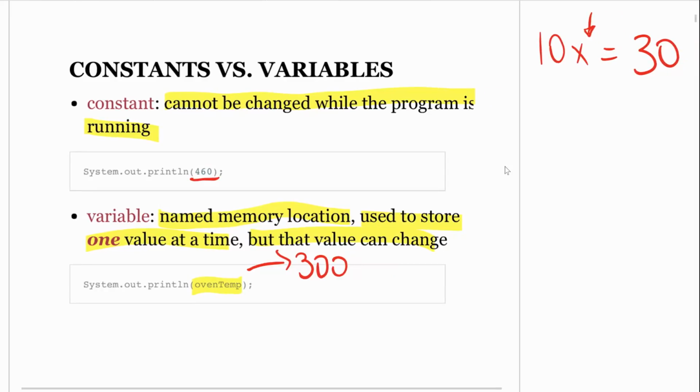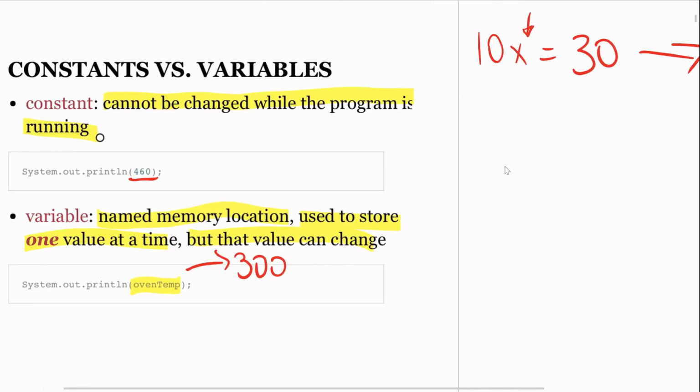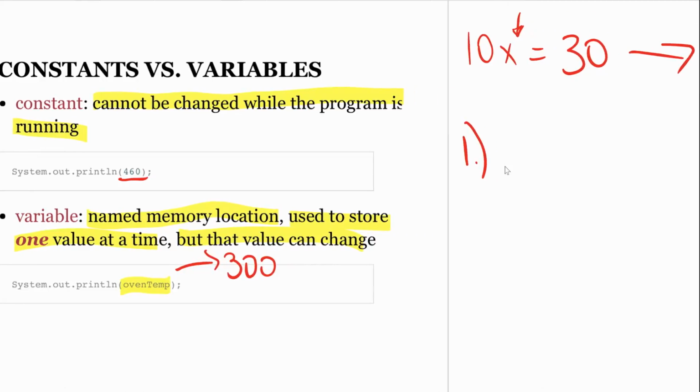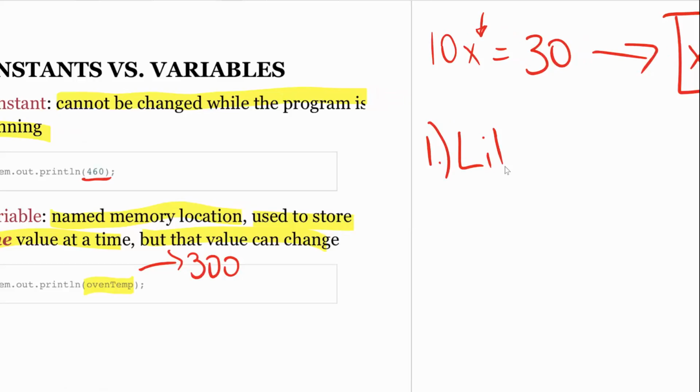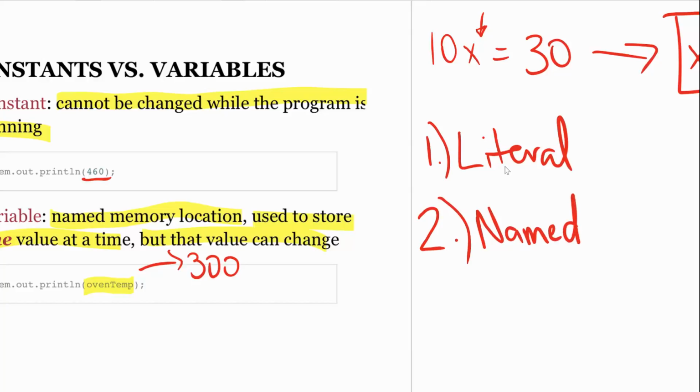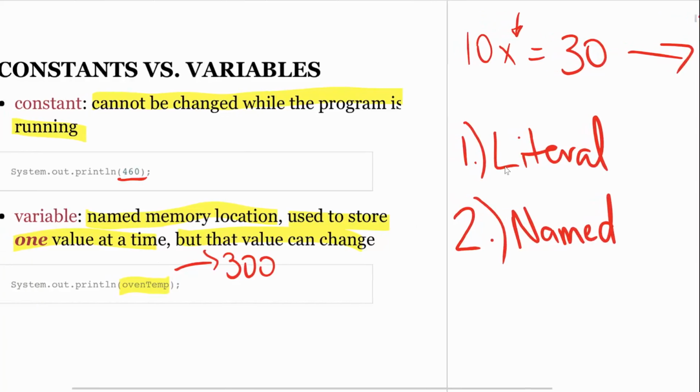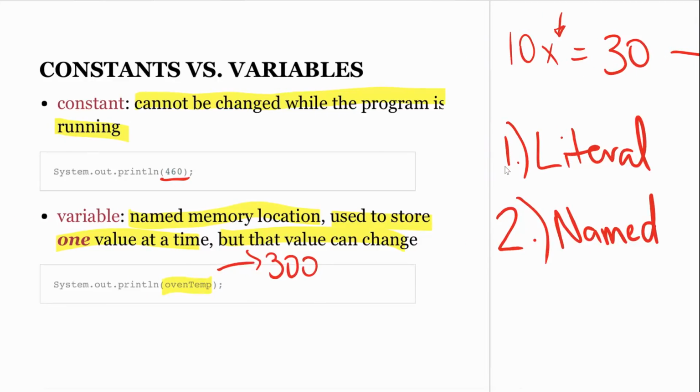Now, before we get into what exactly that means, we're going to talk about two different kinds of constants. The first kind of constant you have is a literal constant. So we'll just go ahead and write the word literal here. And then the second type of constant you have is a named constant. We'll talk more about named constants as we go on in this chapter, but this right here is a literal constant.